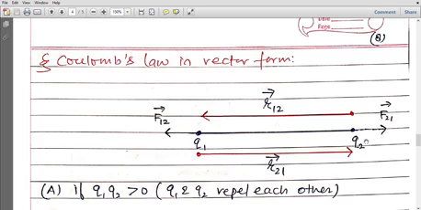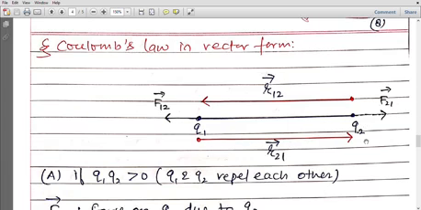Now, if we discuss position vectors, the position vector of Q1 with respect to Q2, so Q2 becomes the reference point. The position vector of 1 with respect to 2 is R12. Similarly, the position vector of Q2 with respect to Q1 is R21.